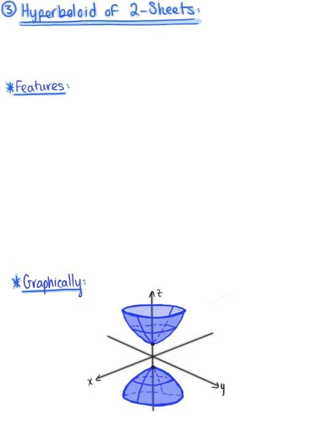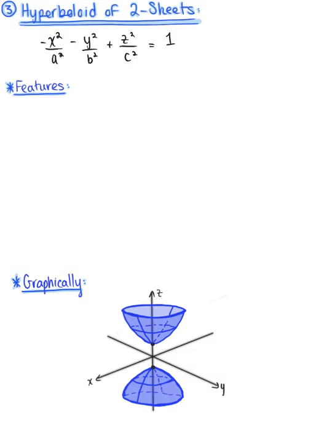The next quadratic surface we are considering is the hyperboloid of two sheets. One way to define this is using the equation minus x squared by a squared minus y squared by b squared plus z squared by c squared is equal to 1.